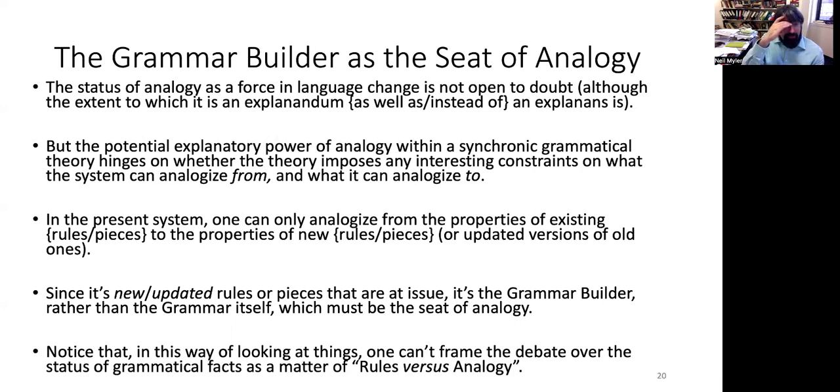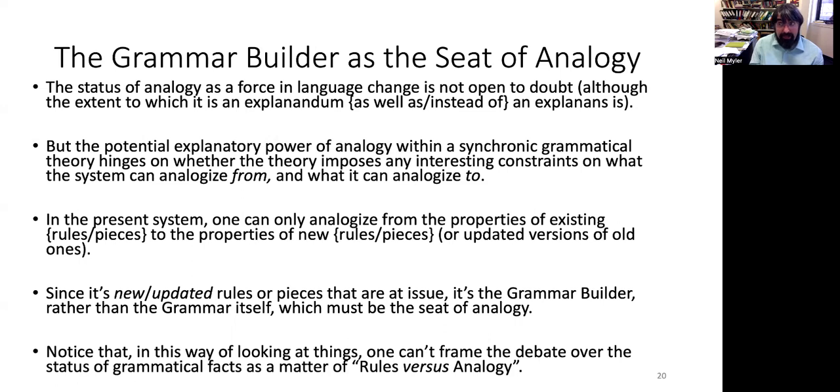In the system we ended up with, one can only analogize from the properties of existing rules or existing pieces to the properties of new rules or new pieces, where new rule or piece is supposed to encompass not only completely new rules and pieces, but updated versions of old ones, right? Now, because it's new and or updated rules or pieces that are at issue, it's the grammar builder rather than the grammar itself which must be the seat of analogical processes, right? So there's no analogy inside grammar.